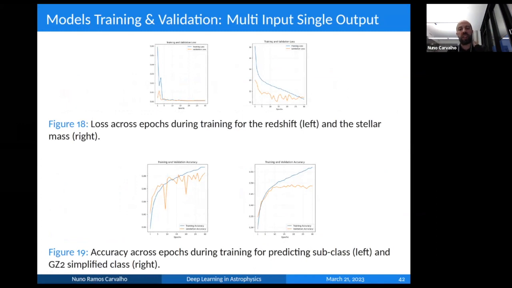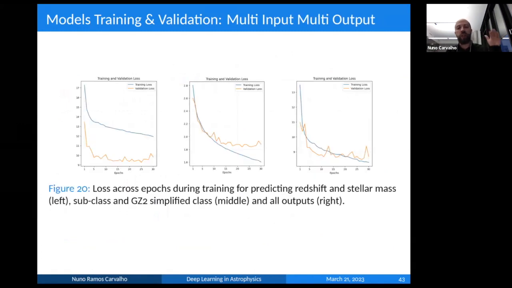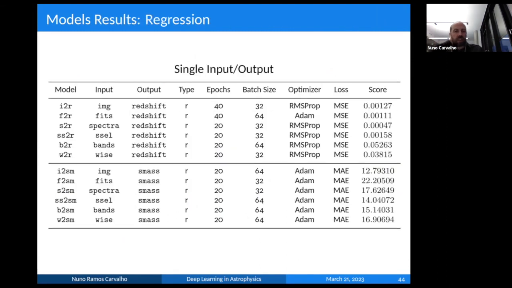The curves for the validation accuracy follow that typical trend that we are used to seeing, but there's still a lot of work to do in this part. We can definitely improve these results. But nevertheless, the results that we get are already very interesting.